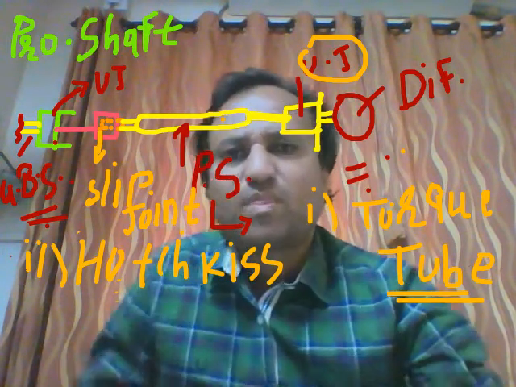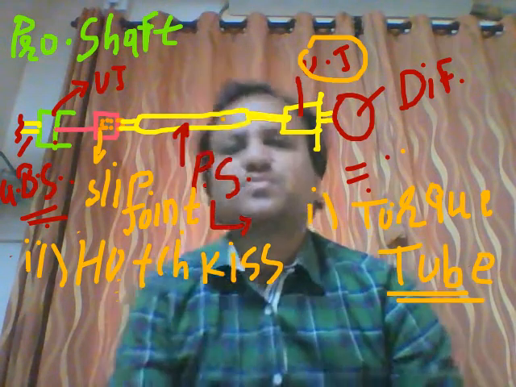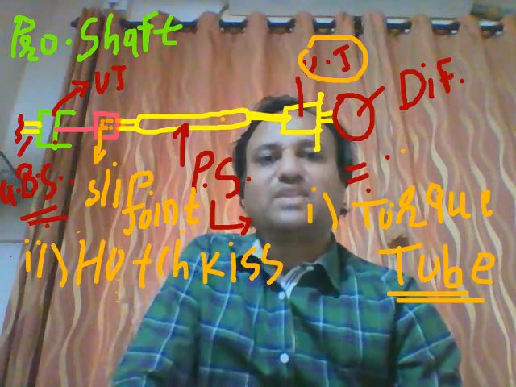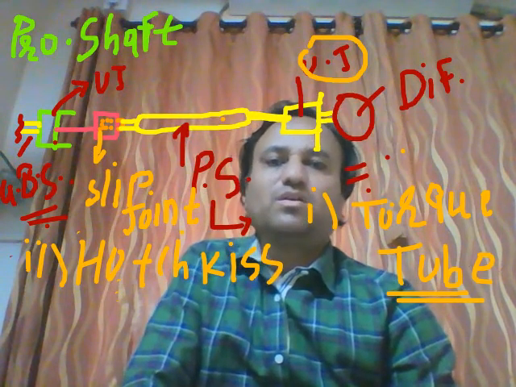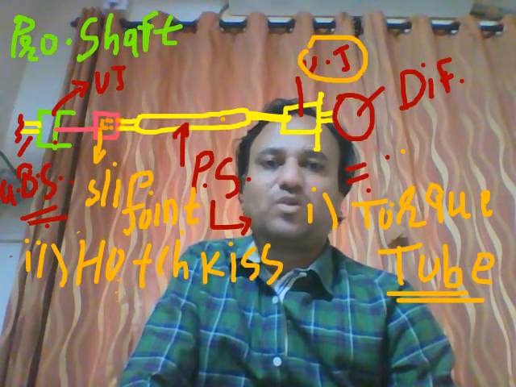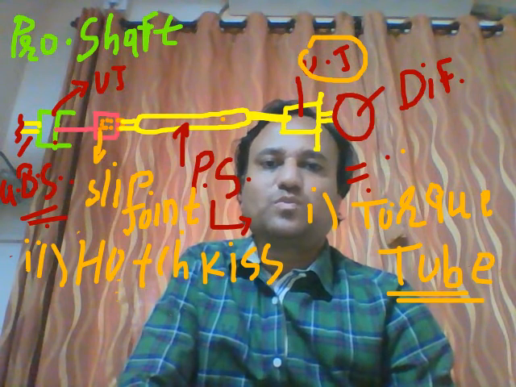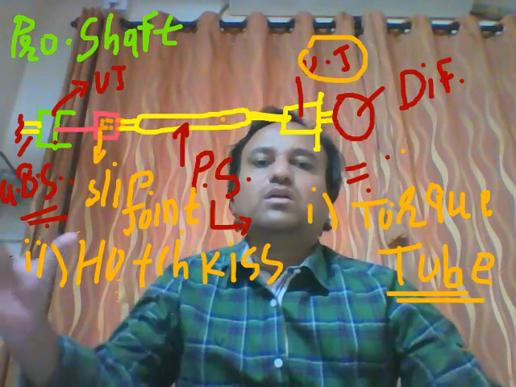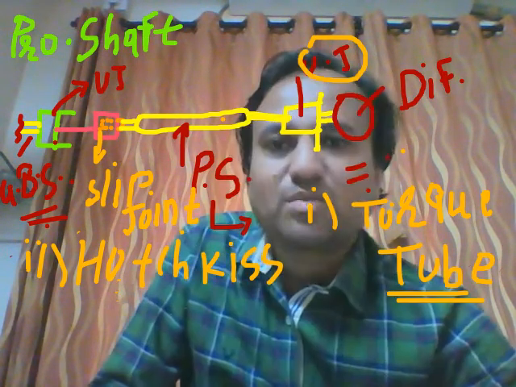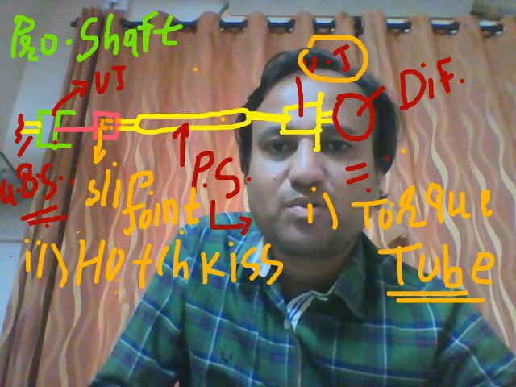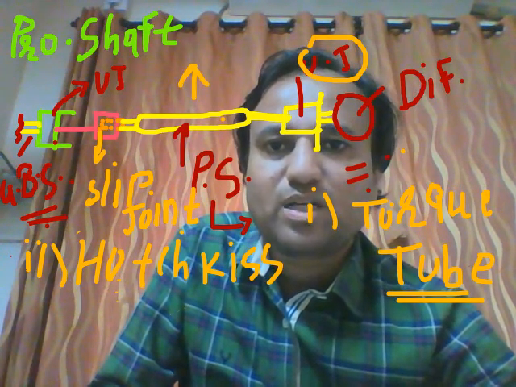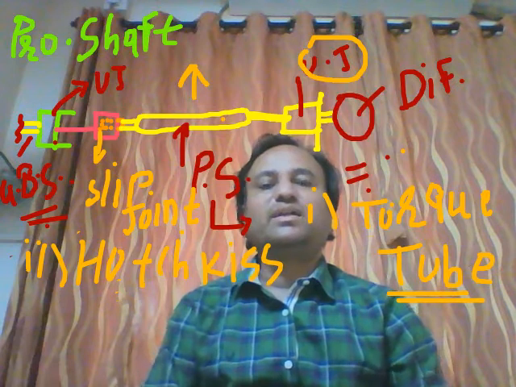The slip joint has one flexibility. If load is acting on the slip joint, what will happen? The length of the propeller shaft will be increased.